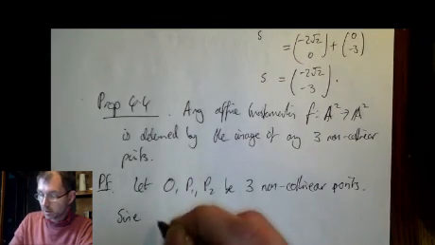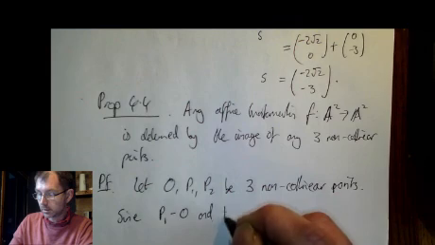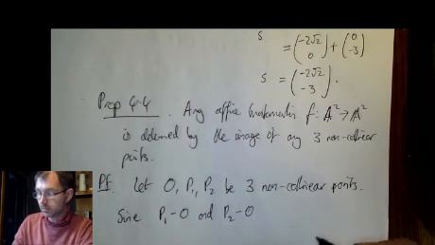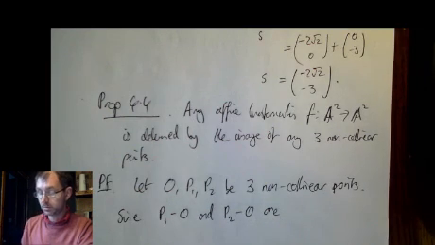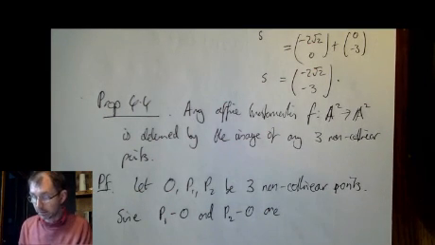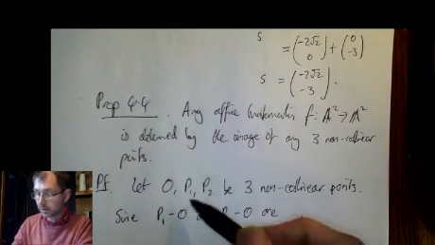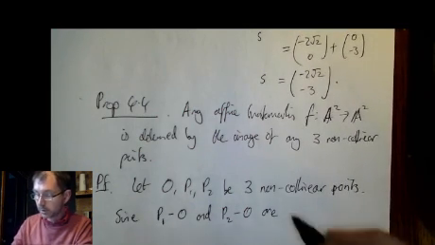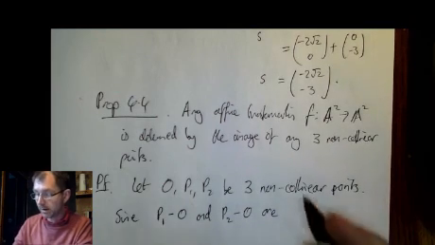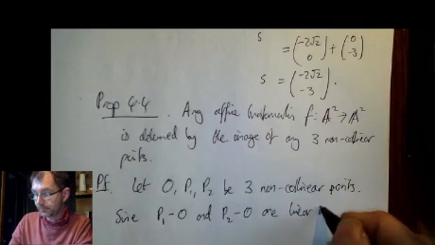Since P1 minus O and P2 minus O, they can't possibly be parallel because these three points are not in a line, and so when I take the origin away, take the vector that goes from one to the other, those are also not going to be parallel. So these are linearly independent.